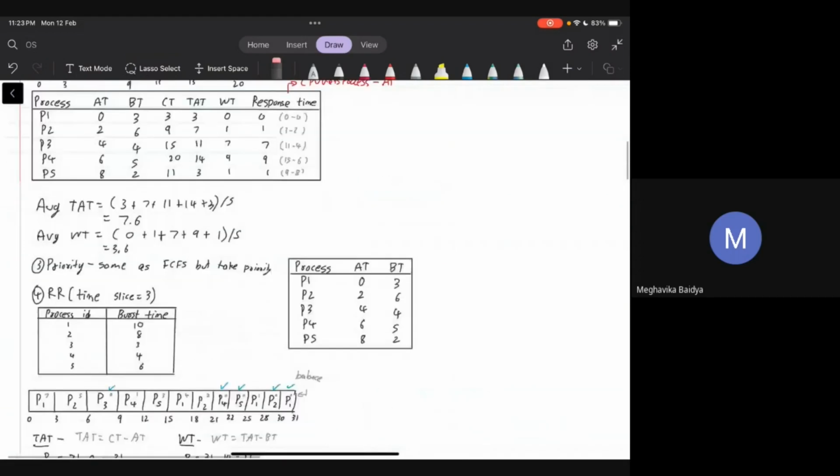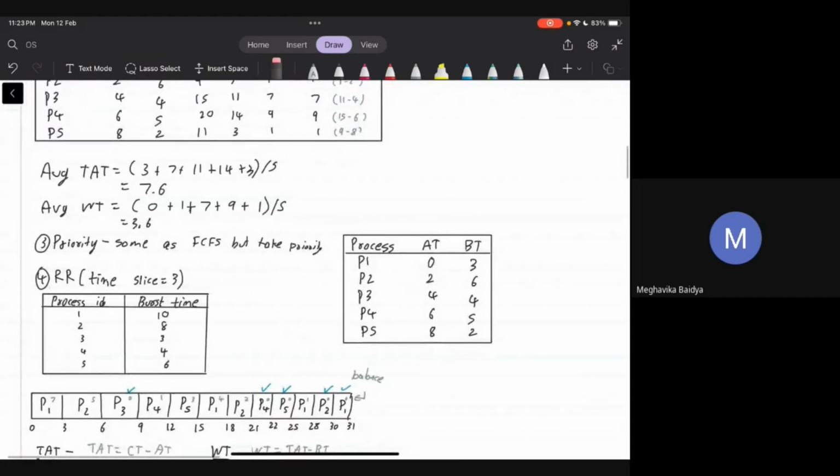Okay. So the third one, which is priority. What happens in priority is you have a priority column, and let's suppose the priorities are 1, 2 for these, and for P4 it's 3, then 4 here, then 5 here.